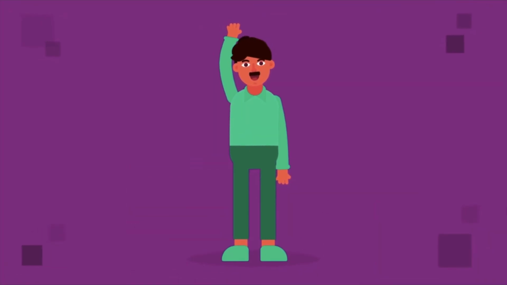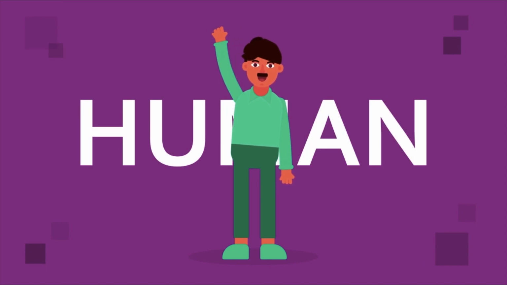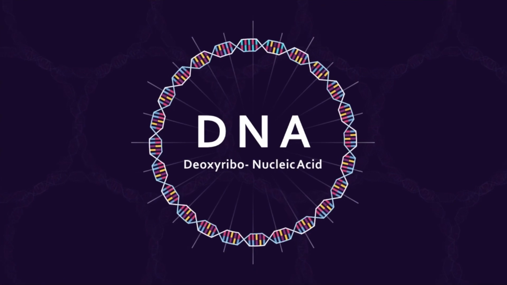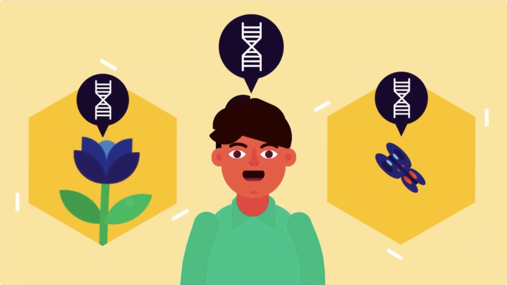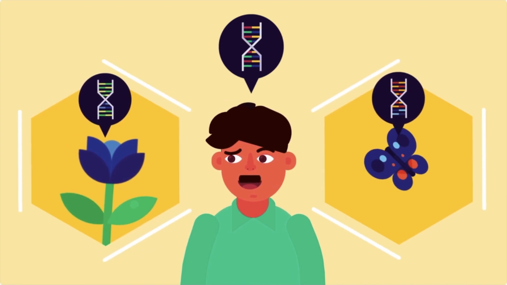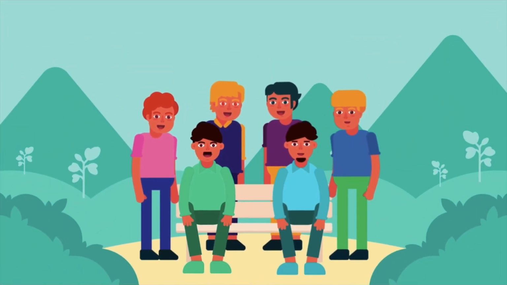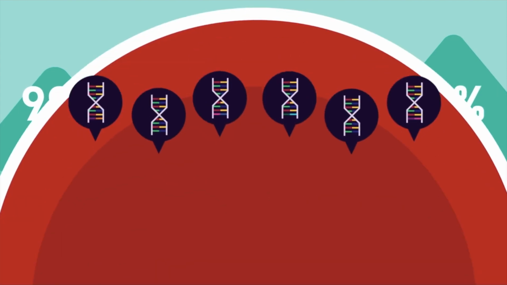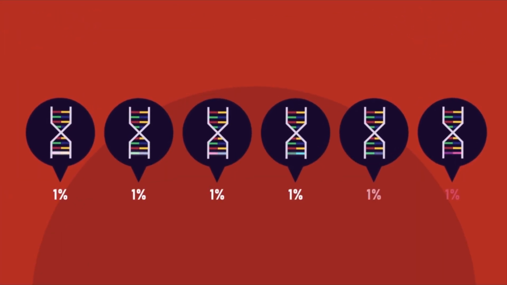And most importantly, we humans have it. DNA stands for deoxyribonucleic acid, and although every living thing has DNA, its varied compositions differentiate you from others. The interesting fact is that humans' DNA is 99% the same. Therefore, it is only 1% of DNA that makes you unique.